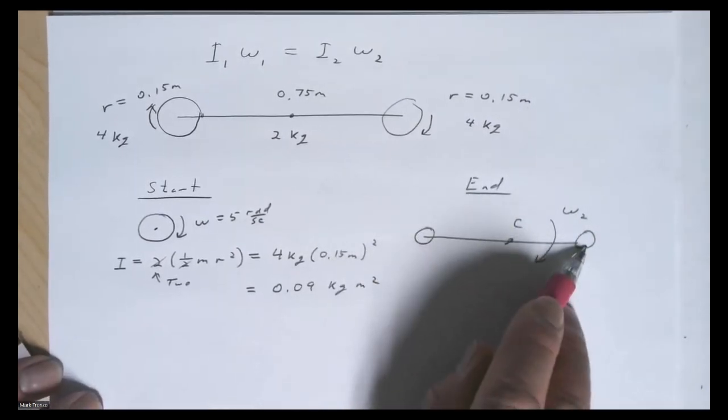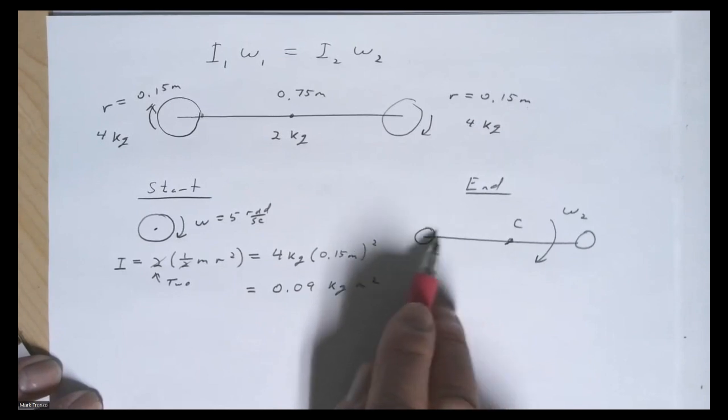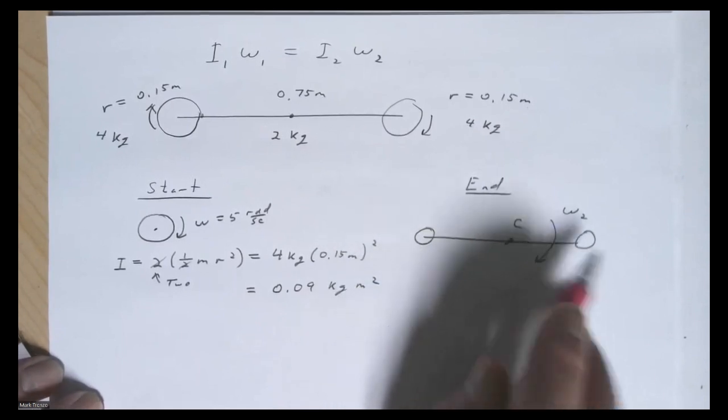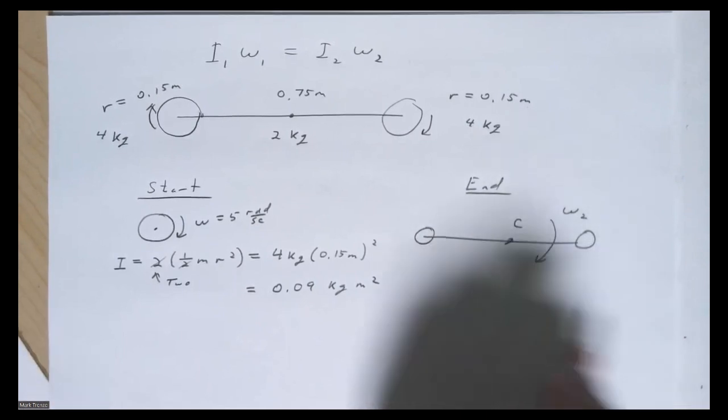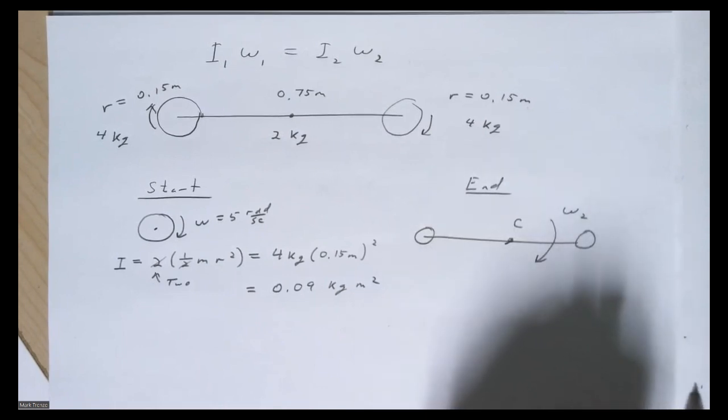And these are not going to spin with respect to the rod. They're going to be going along with the rod, but they're not going to be spinning. So now we have to find the mass moment of this assembly.